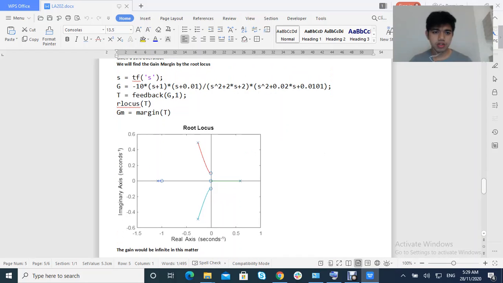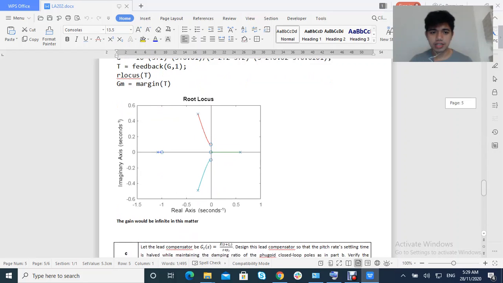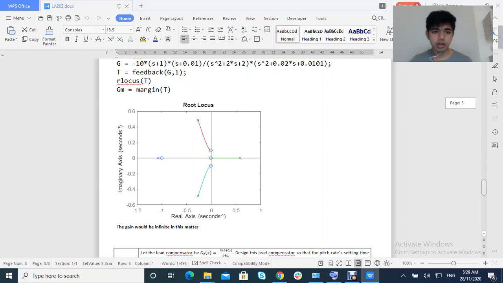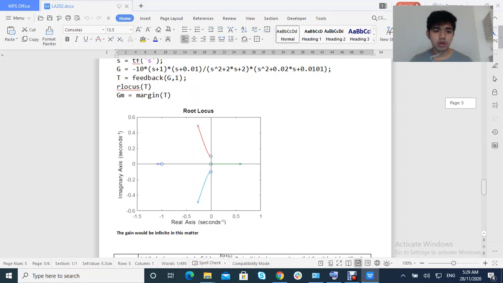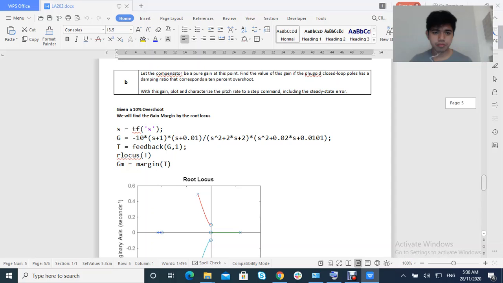Okay, so using again the transfer function, feedback, and the root locus, we will be showing the margin. For this question, the root locus is for the gain being infinite, as you can see here.